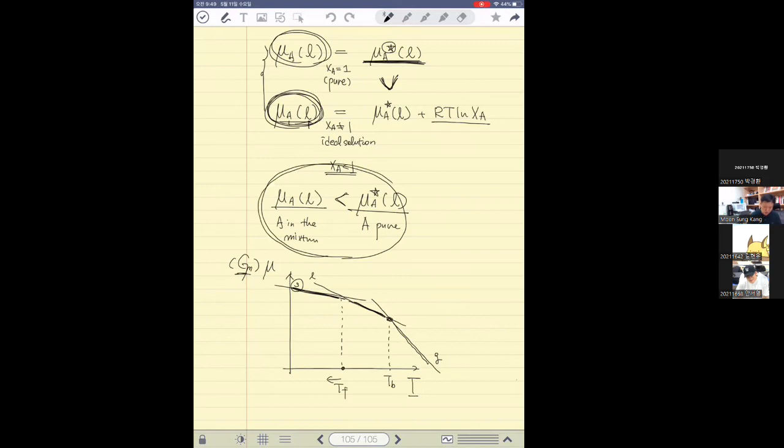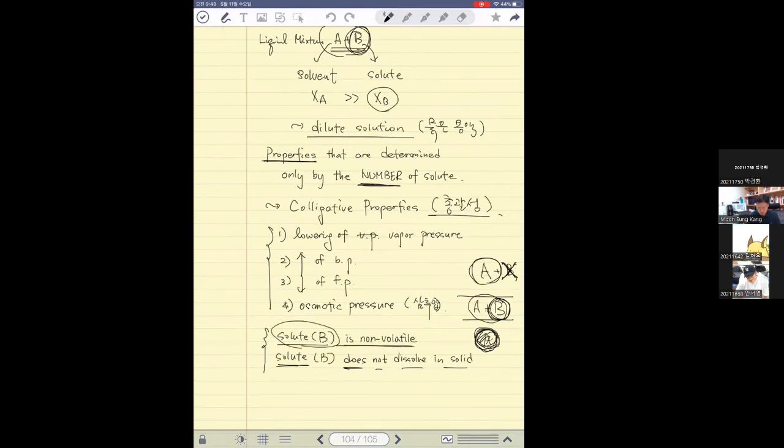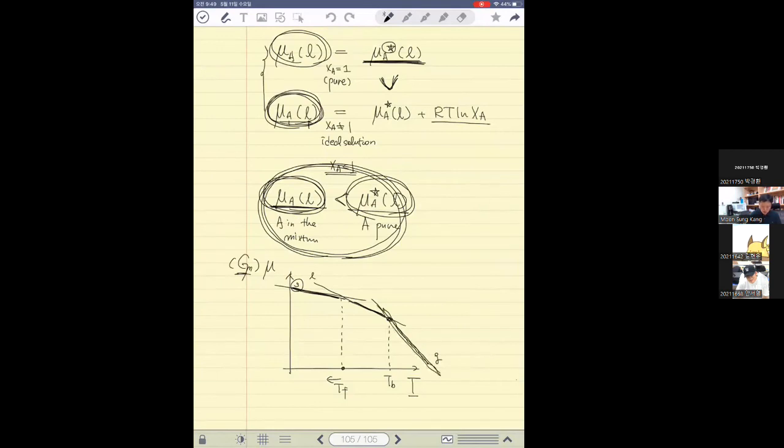And I've just discussed that for a liquid phase, the chemical potential of A is lower in the mixture than it was in the pure substance. And because I have assumed that solute does not exist in gas phase, or solute does not exist in the solid, the chemical potential of A in the gas phase or in the solid phase is not going to change, but this curve is going to change as you mix them. And this value is going to be lowered. Let's say this is lowered to here. How much it is lowered is going to be determined by RT ln XA, right?